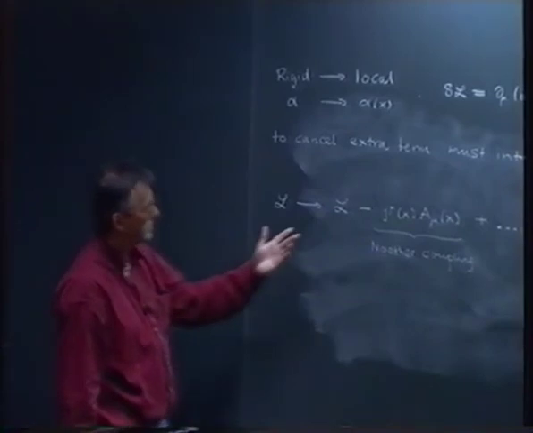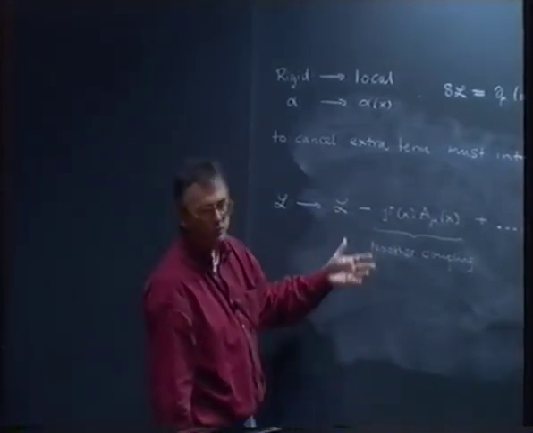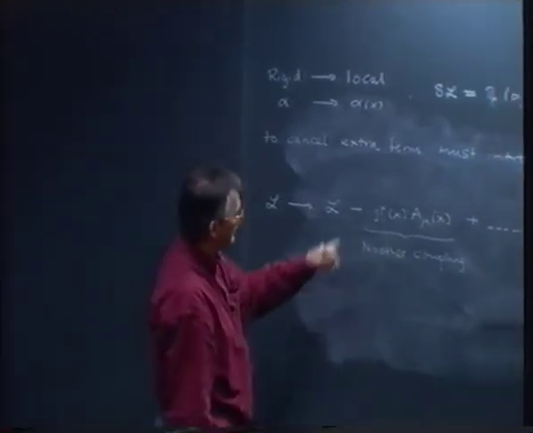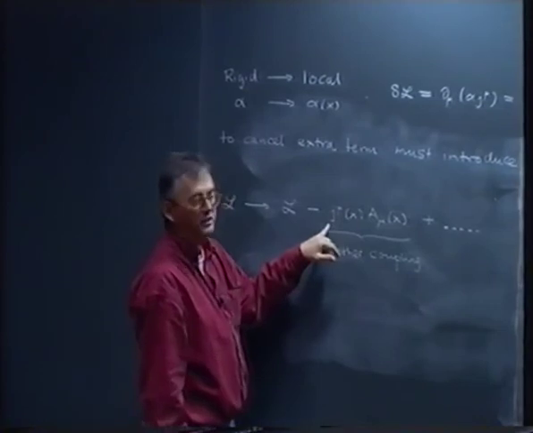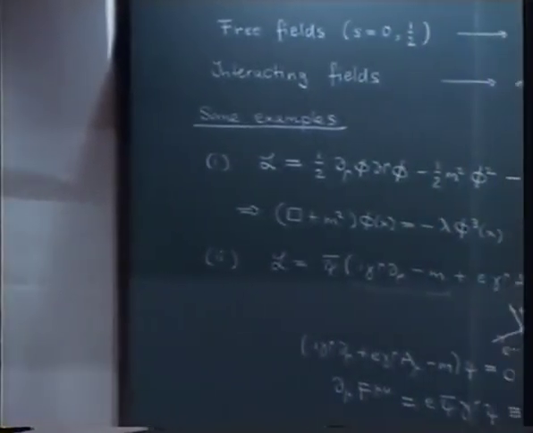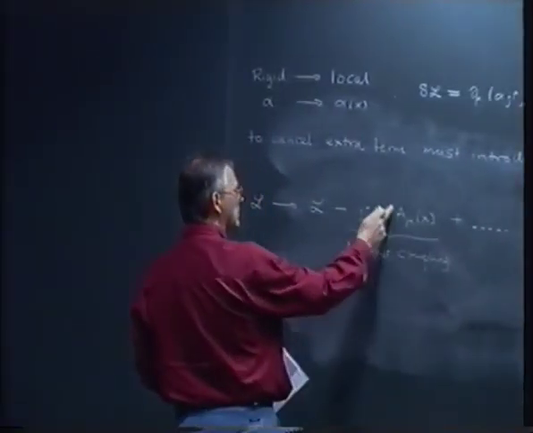Because if you couple matter to gravity, there's also a current, and that current is associated with the Poincaré group, and the conserved current there is the energy momentum tensor. So the energy momentum tensor is exactly on the same basis as the electric current.